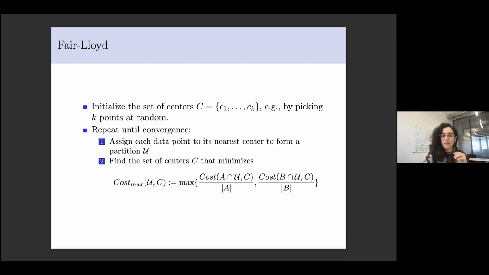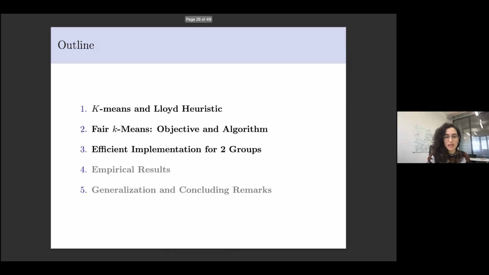So given this specific partitioning U, I find K centers C such that it minimizes the maximum average cost over 2 different demographic groups A and B. So the main technical question is how can I do this fair center update efficiently? And this is what I briefly discussed for the case of two groups right now.